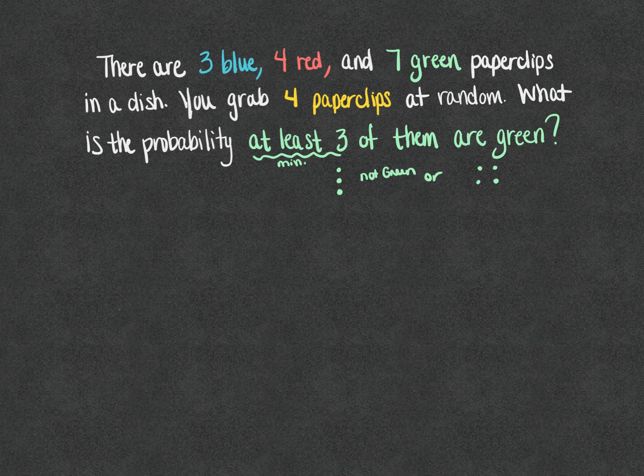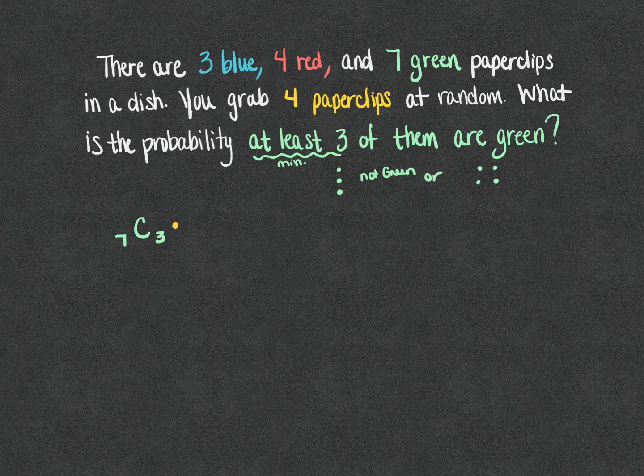Okay, so whenever it comes to calculating this, again, no repetition. We're not pulling the same paper clip out over and over again, and order doesn't matter. So when I'm doing 3 green, we need to think there are 7 green paper clips. I'm going to choose 3 of them. And I need 1 paper clip that is not green.